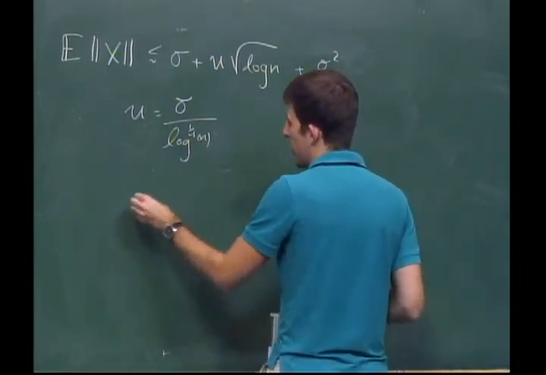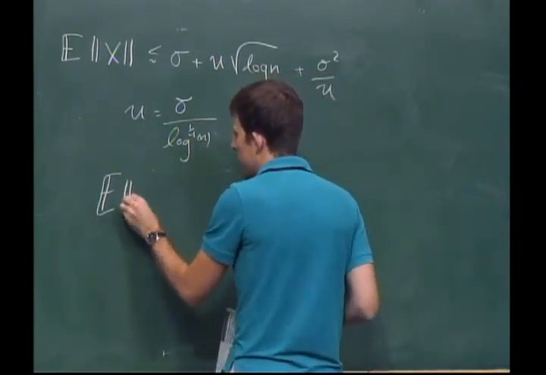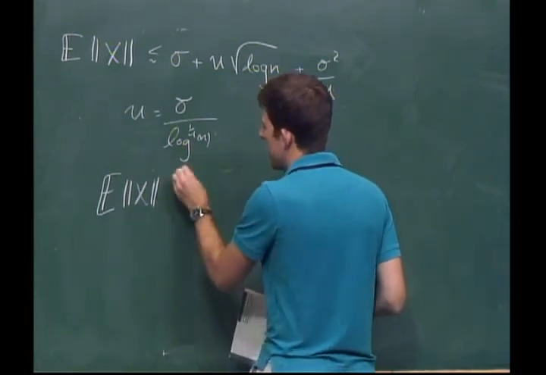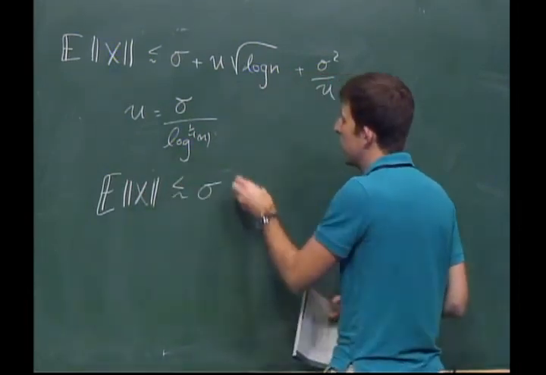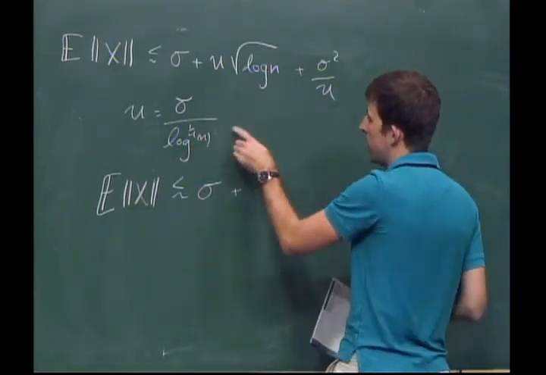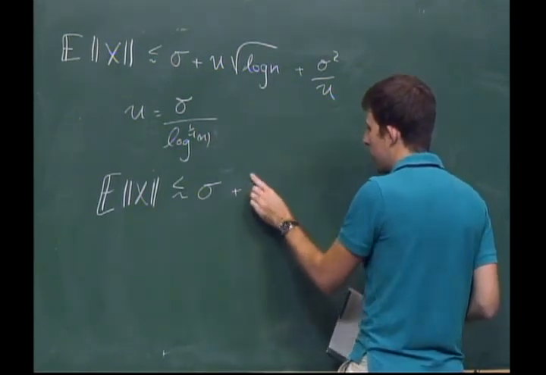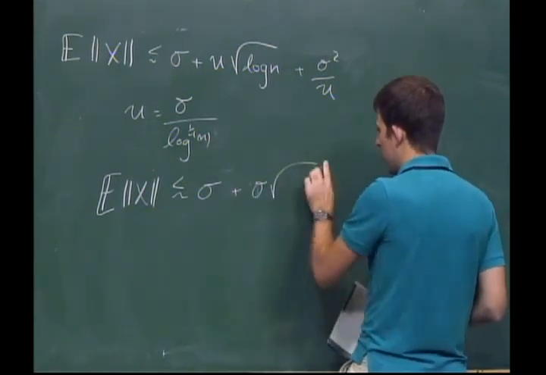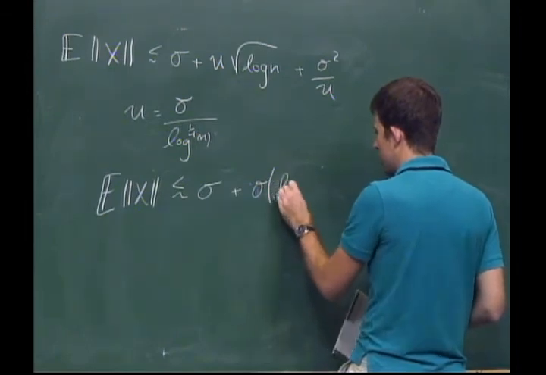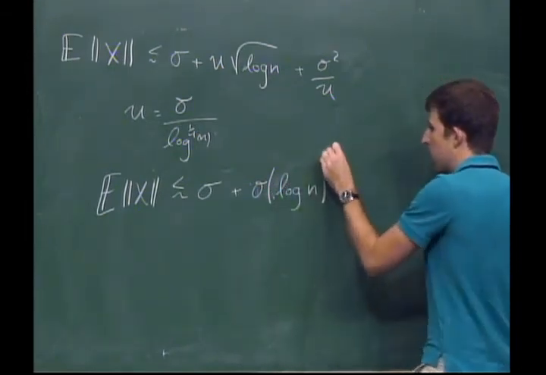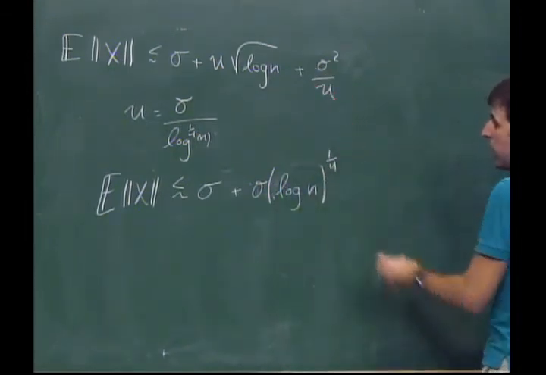And so you get that the expected value of x is smaller or equal than you pick up a sigma, and then you pick up another sigma and the log to the 1/4. And here you get exactly the same, right?